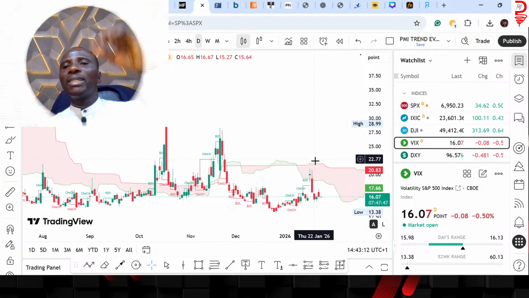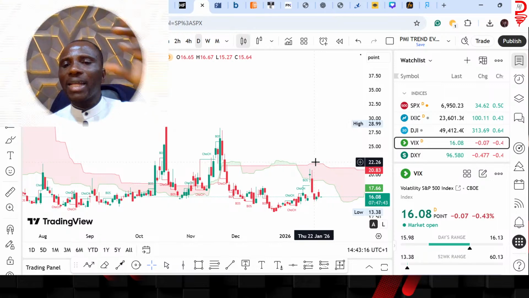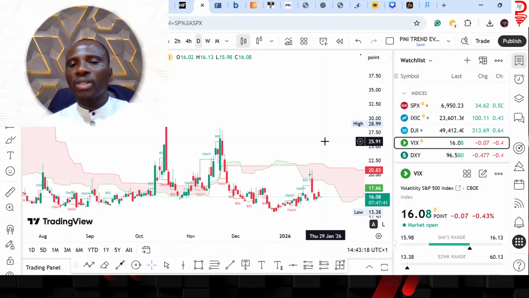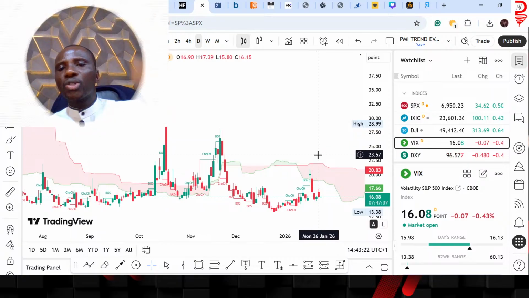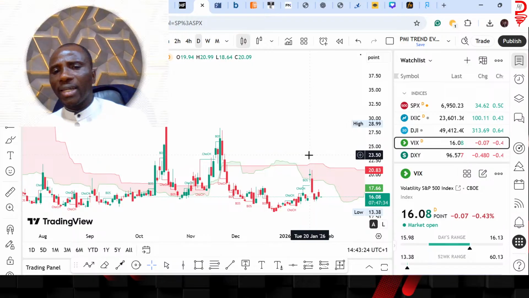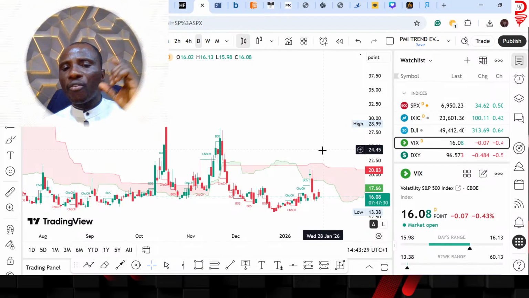As much as the S&P 500 index, the Nasdaq Composite Index, and the Dow Jones Industrial Average Index are giving us a risk on because we have a bullish structure in the market, the VIX is showing us the level of panic or fear in the market.